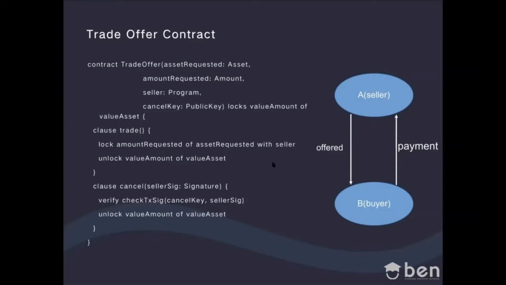Say seller A wants to trade 10 BTC to a buyer B, and buyer B will offer a payment of 5 or 6 USD or some asset that you issue on the Bytom.